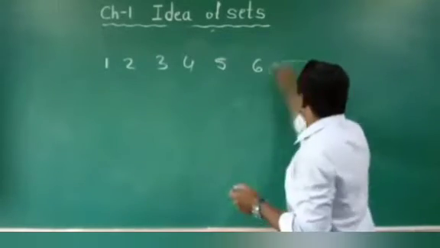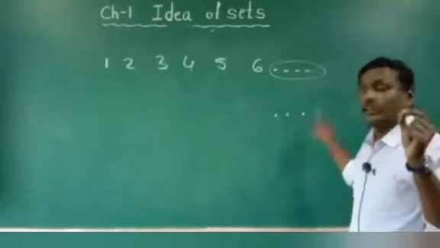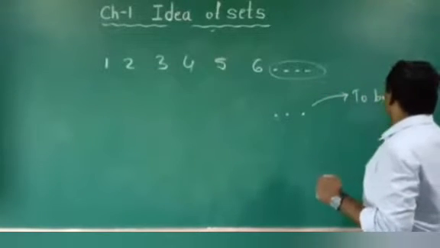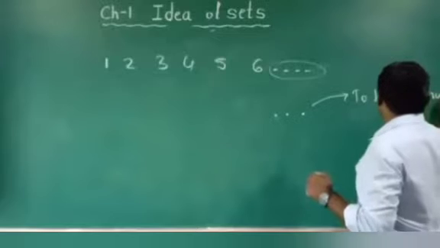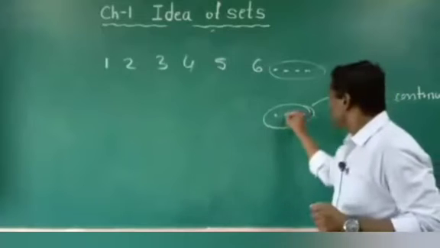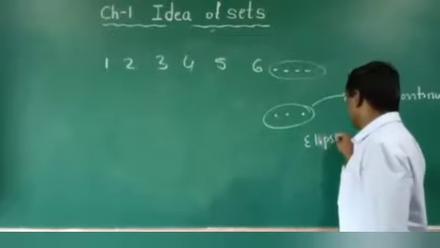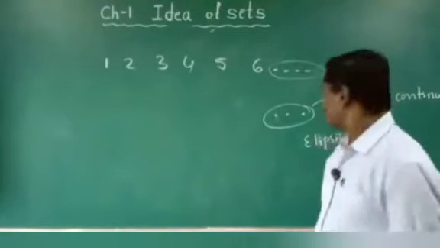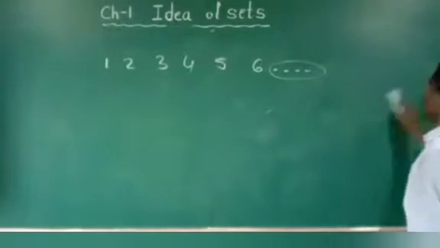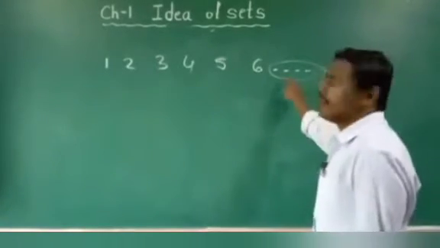So these 3 dotted points indicate it is to be continued. The particular name for these 3 dots is ellipsis. Simply, these 3 dots indicate the series or collection of letters which is in continuous form.